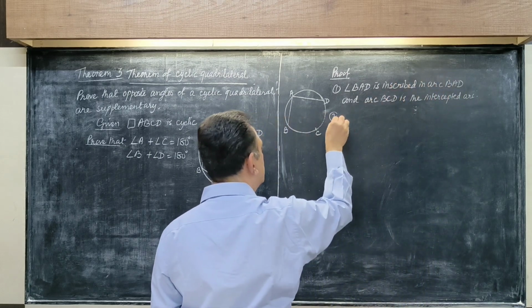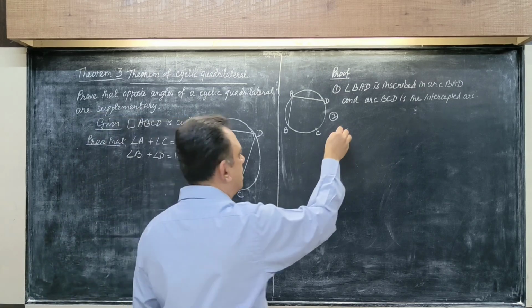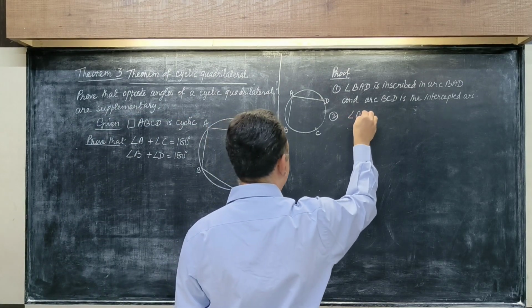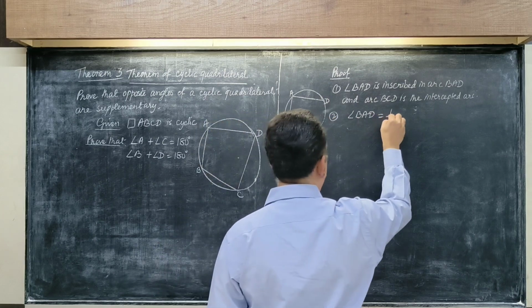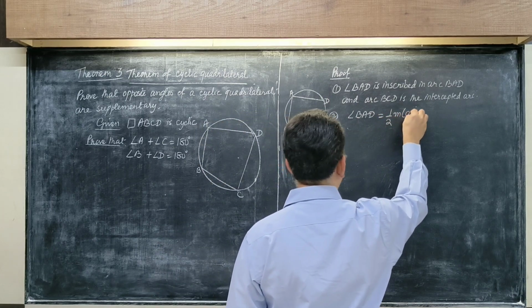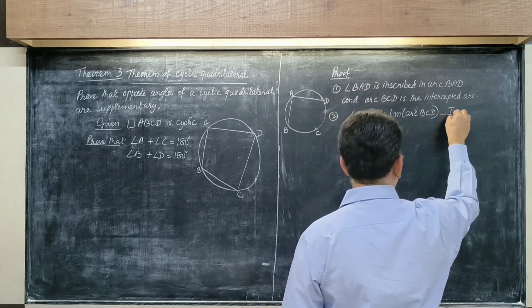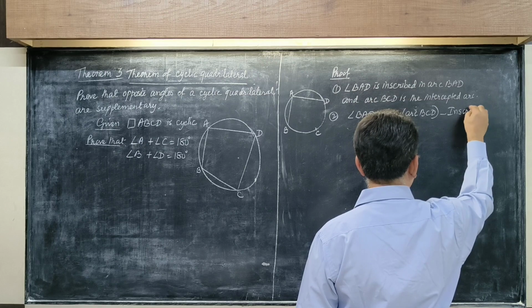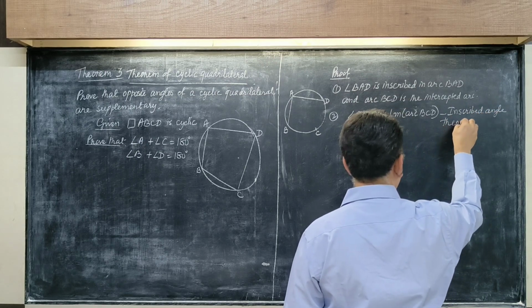So using the inscribed angle theorem, angle BAD is half of measure arc BCD. That is by the inscribed angle theorem.